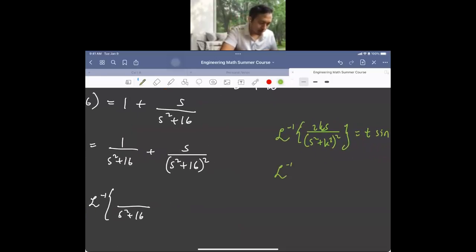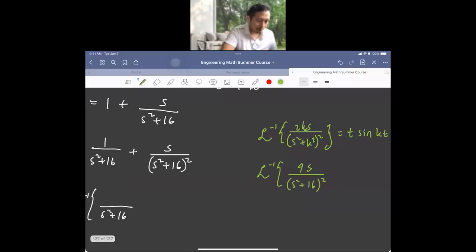When we have s squared plus 16, squared, we need to have 4s, right?